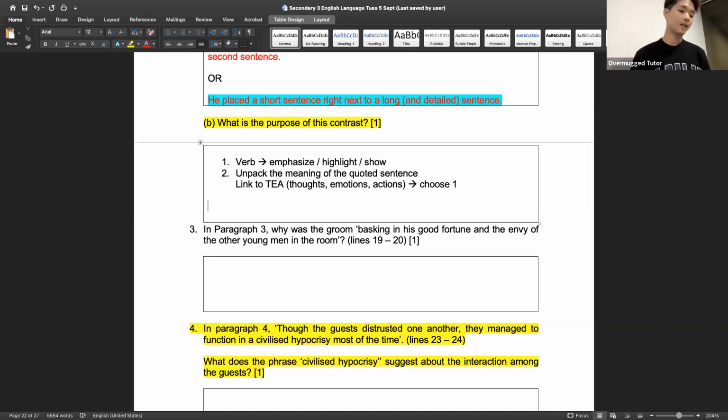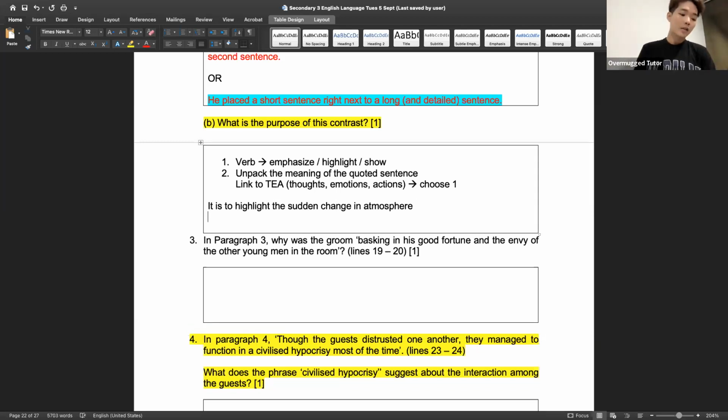What is the purpose? If you wrote, it is to highlight the sudden change in atmosphere, that is a possible answer. Another answer you can write: to highlight the tense situation. Or to emphasize how quickly the party moved on. That's also another possible answer.